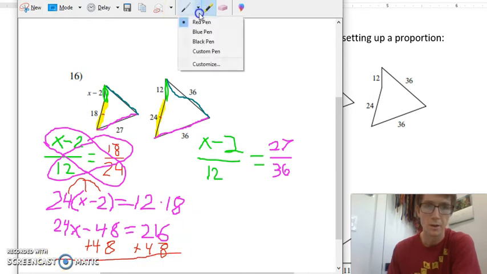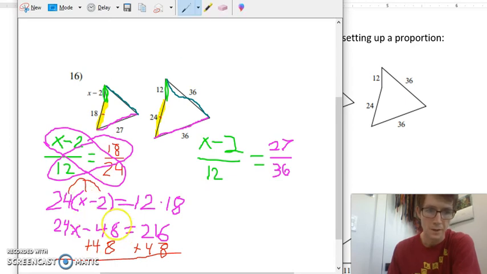So this cancels over here. So we should get 24x is equal to 216 plus 48.